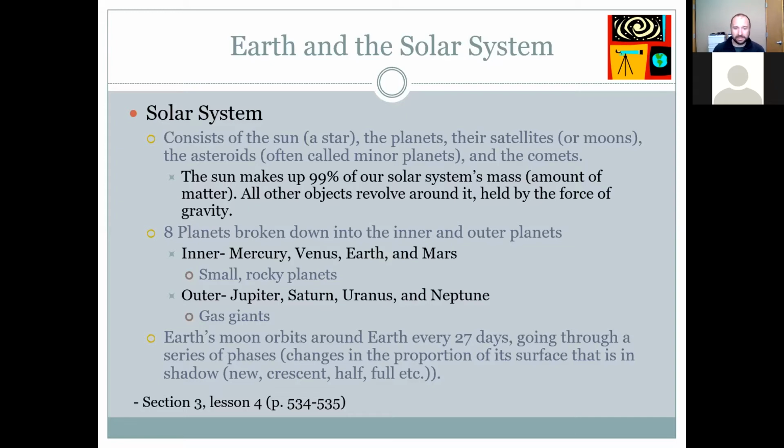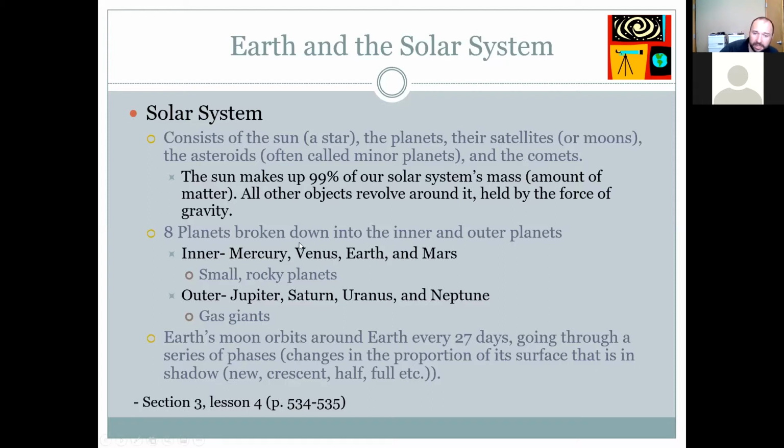The outer planets, we call them the gas giants, and that's for exactly the reasons it sounds like. They're made up of primarily gas, and they are very, very, very big. Okay? And that would be Jupiter, Saturn, Uranus, and Neptune. We'll go into some more details of the planets in just a second.